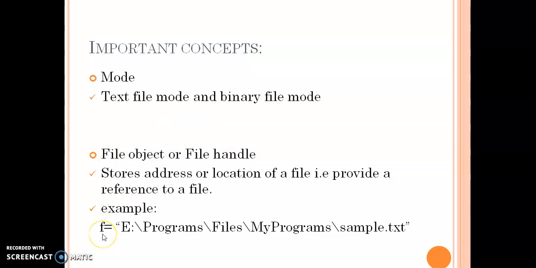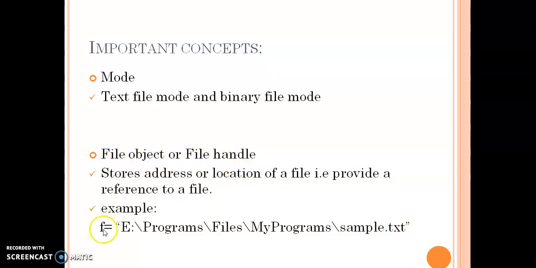So the next time I want to use the file sample.txt, I will not write the entire location from E up to sample.txt, but I will only call the letter F. So this F is used to store the entire location, or the entire path or route, of the file sample.txt. That is what a file object or a file handle is all about.